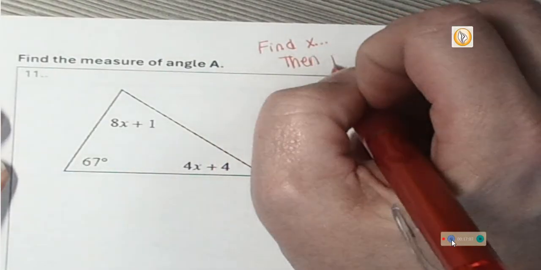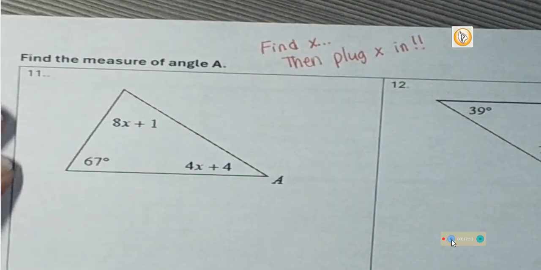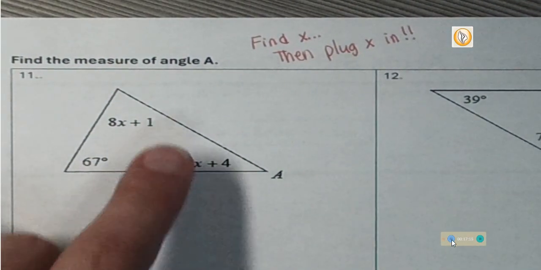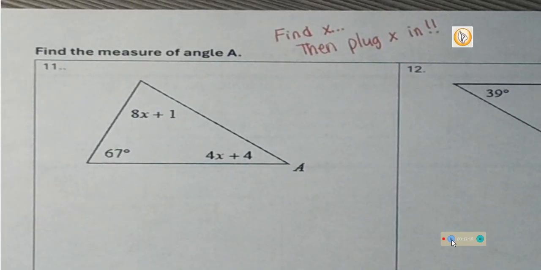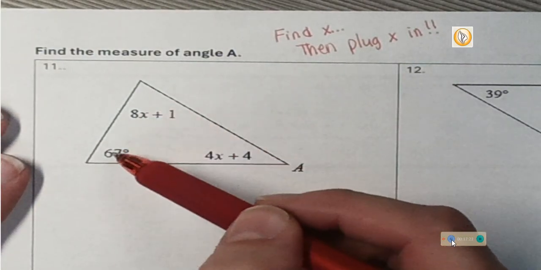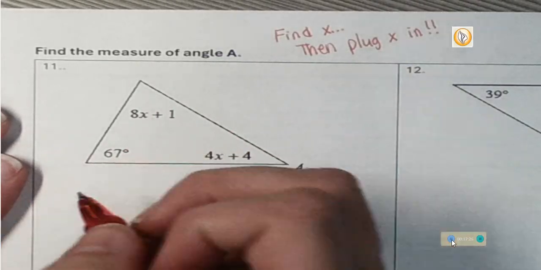then plug x in. Okay, so when I look at this triangle, I have all three angles inside the triangle. What do you know about these three angles of a triangle? They add up to be 180.